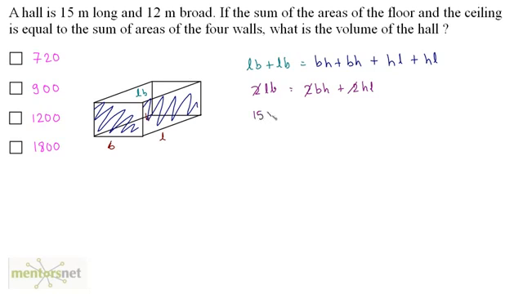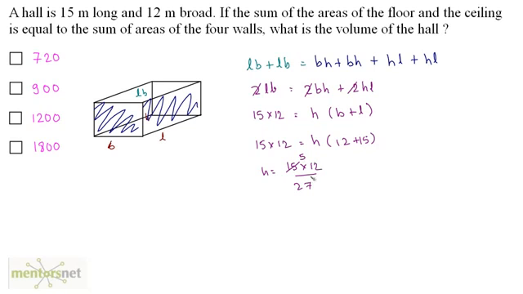So we have 15 times 12 is equal to, let's take H common, H times B plus L. That's 12 plus 15, isn't it? So H is equal to 15 times 12 divided by 12 plus 15, and that is 27.